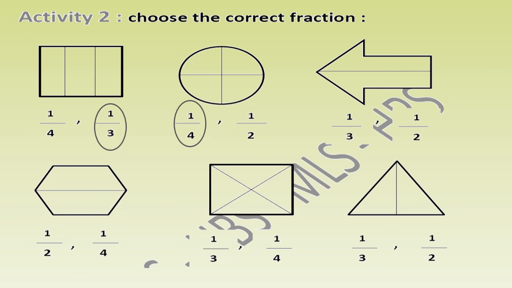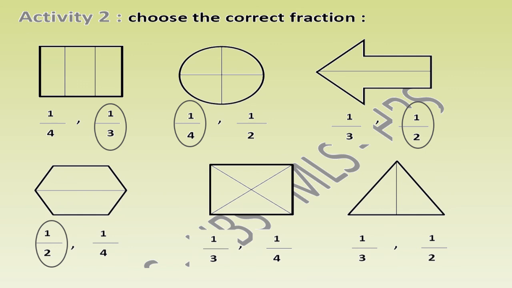Look at this arrow. This arrow is divided into 2 equal parts, so each part is considered 1/2. And this hexagon is divided into 2 equal parts, so each part is a half.